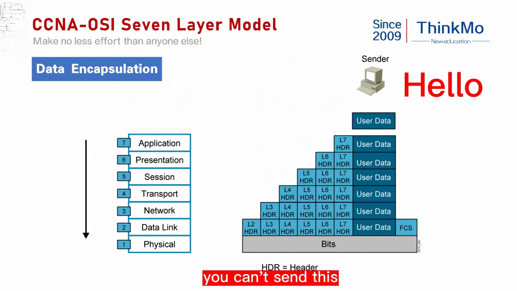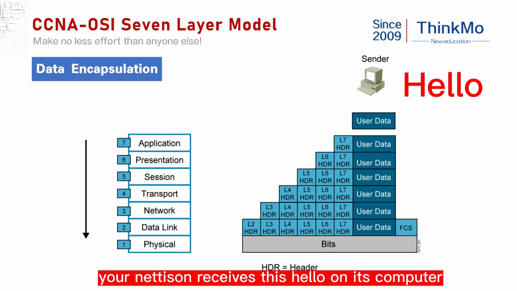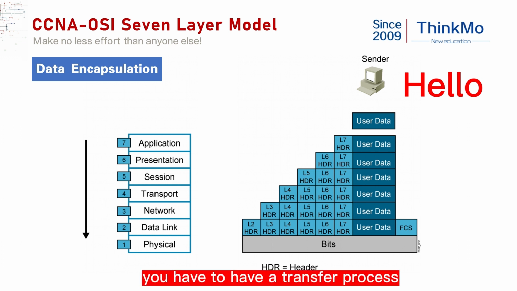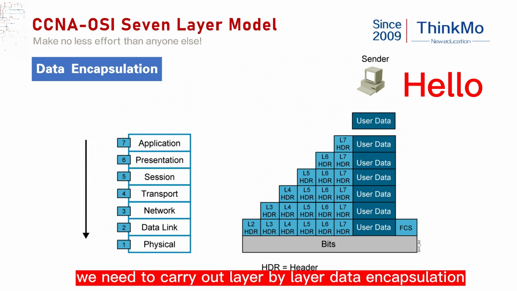You can't send this as it is. So you want this hello to arrive at another person, for example your friend, your netizen, who receives this hello on their computer. You have to have a transfer process. During transmission, we need to carry out layer by layer data encapsulation.